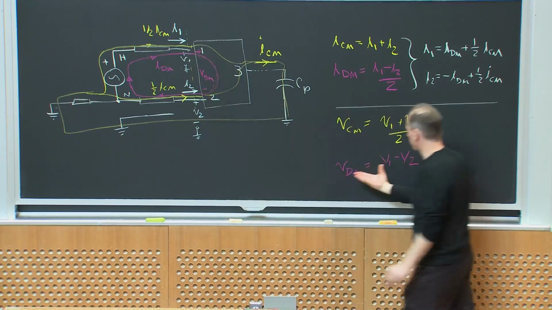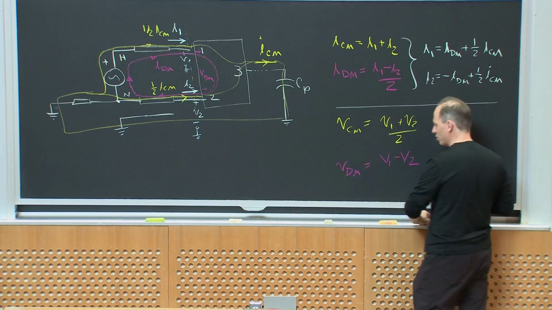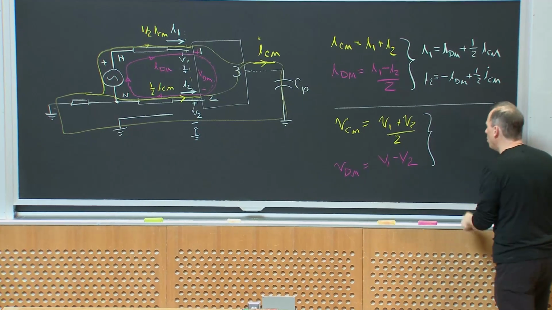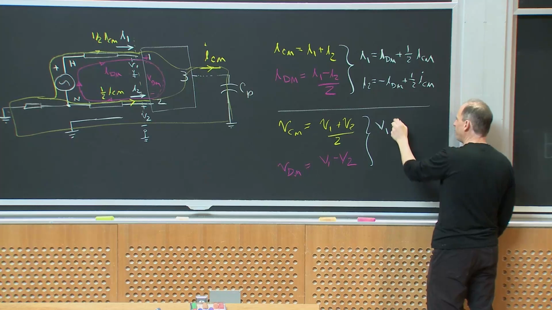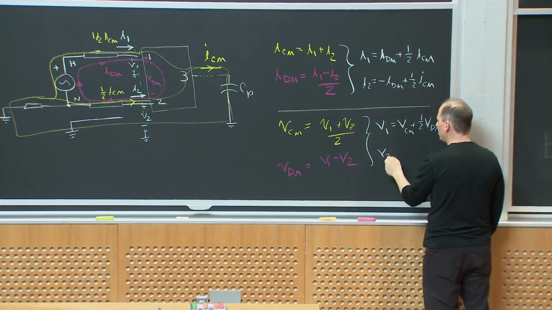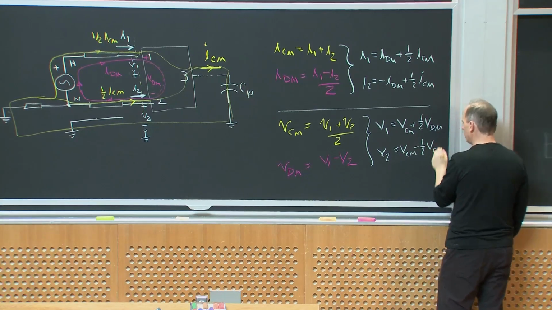So that is the differential mode voltage. The common mode voltage I'm just defining as the average, and if I put those two things together, what I get is that V1 is equal to VCM plus 1/2 VDM, and V2 is equal to VCM minus 1/2 VDM.